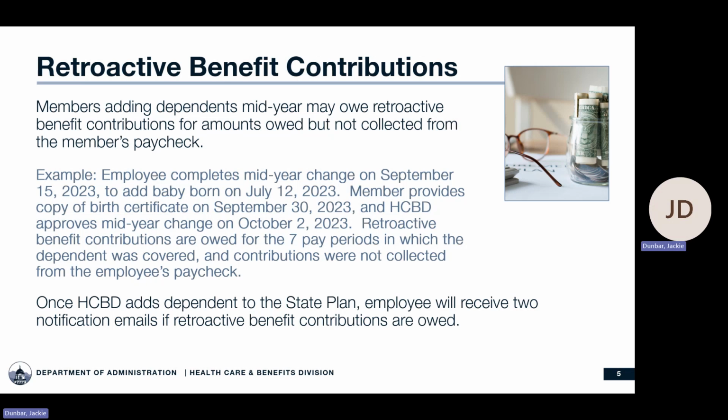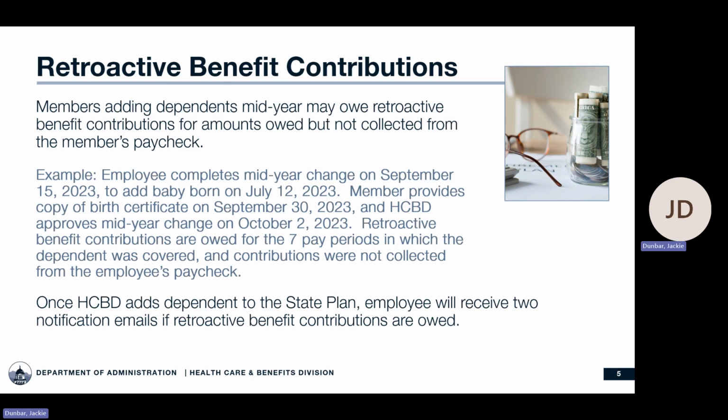Retroactive benefit contributions. Members adding dependents mid-year may owe retroactive benefit contributions for amounts owed but not collected from the member's paycheck. Example, employee completes a mid-year change on September 15th of 2023 to add a baby born on July 12th of 2023.